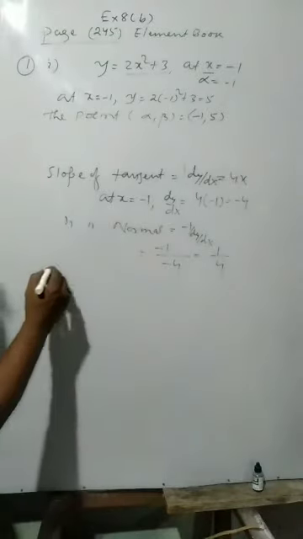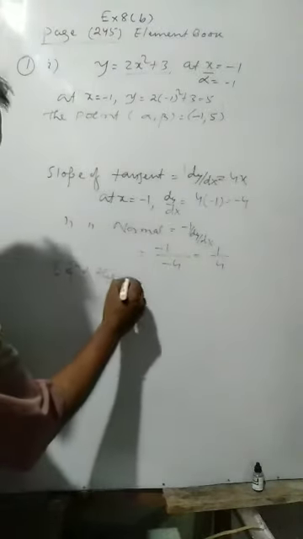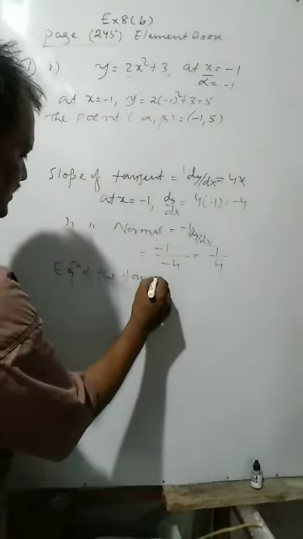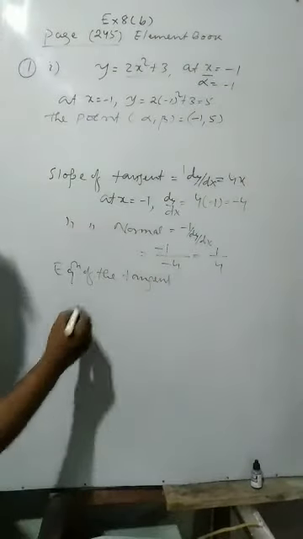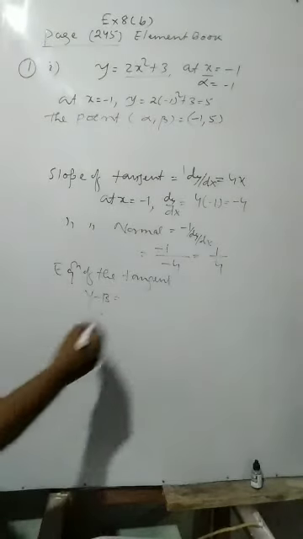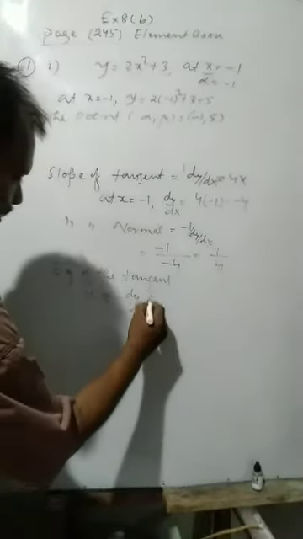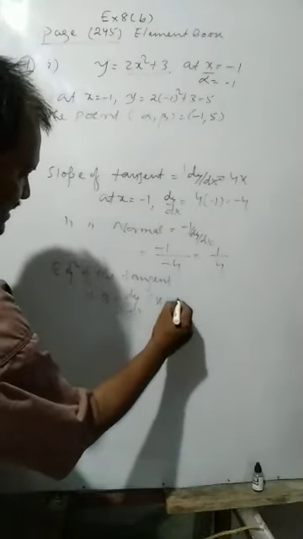Now the equation of the tangent: y minus beta equals dy by dx, formula written already, dy by dx into x minus alpha.